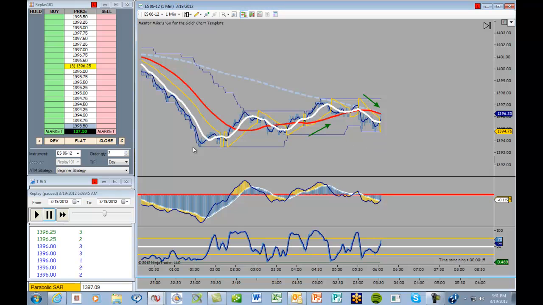This could be a 3, 4, truncated 5, 1, 2, in which case we're looking to take off to go to 3.